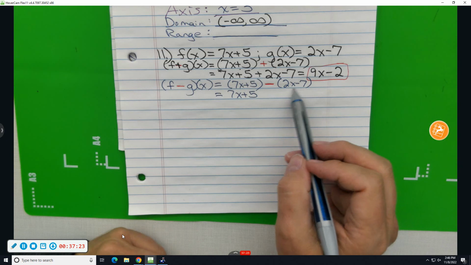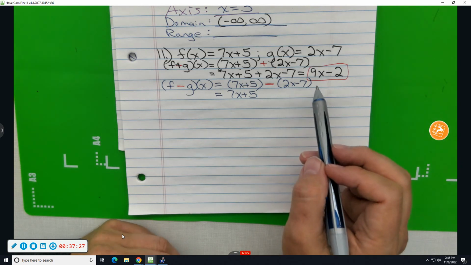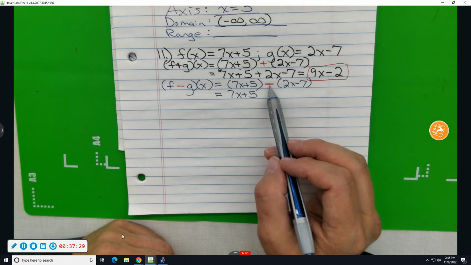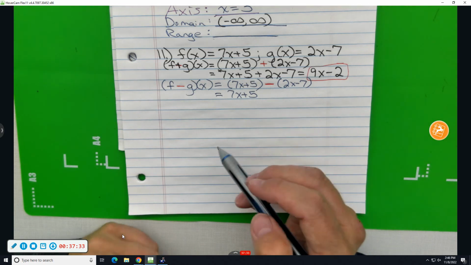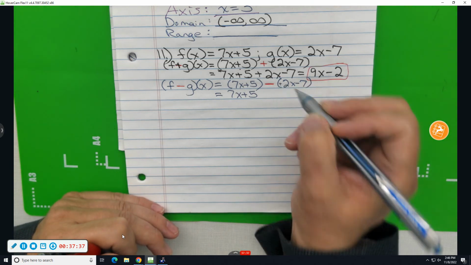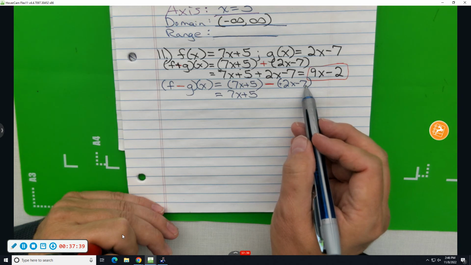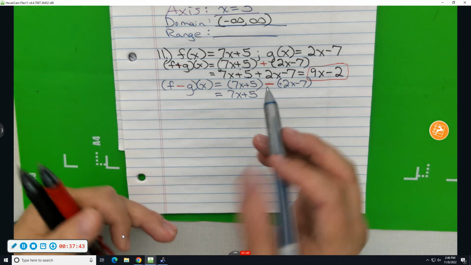But the second set of parentheses has something in front of it. It has that red minus. Well, what do you do when you have a minus in front of a set of parentheses? The signs inside look like a positive 2x and a minus 7. What impact is that minus going to have?